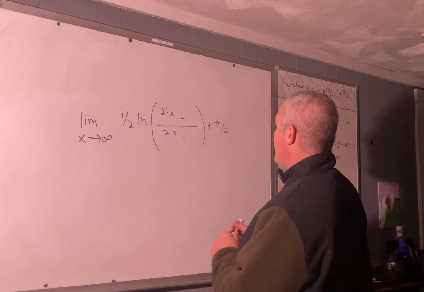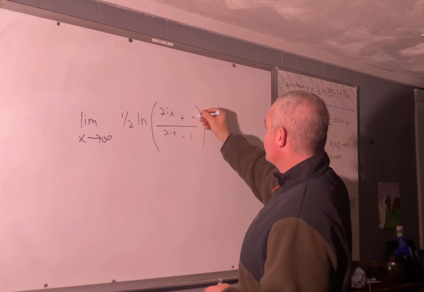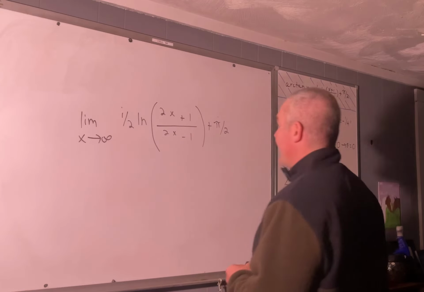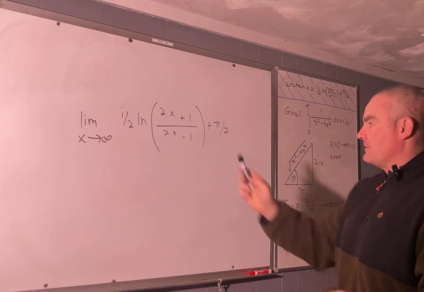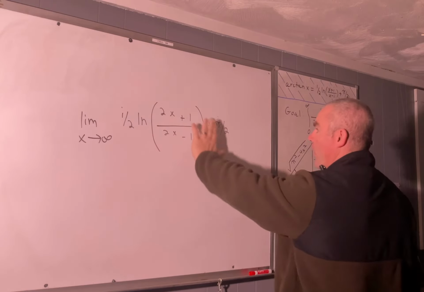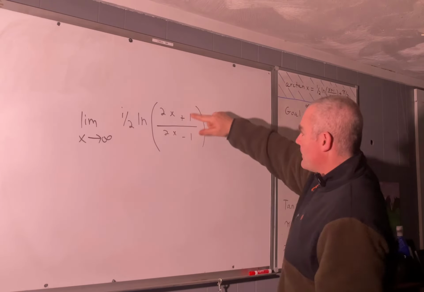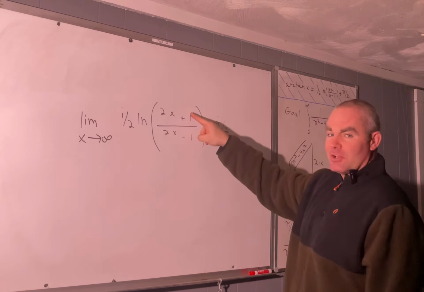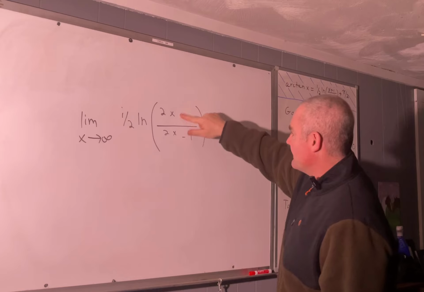So this just becomes a 1. That becomes a 1. This is a 2x, and that's a 2x. Now it becomes pretty obvious what happens as x goes to infinity. This will go to 1. We don't even need these plus 1 terms because as x goes to infinity, this plus 1 becomes insignificant.